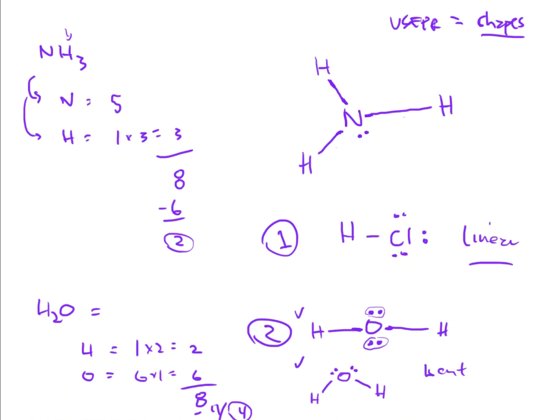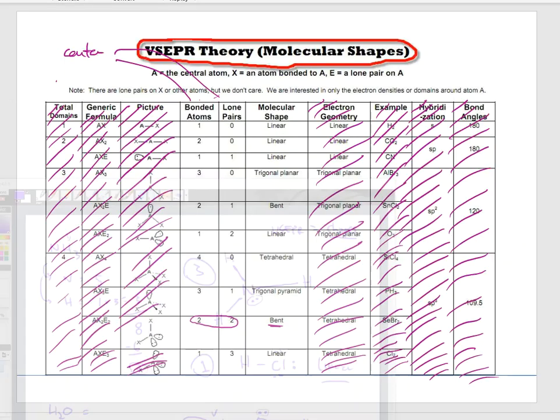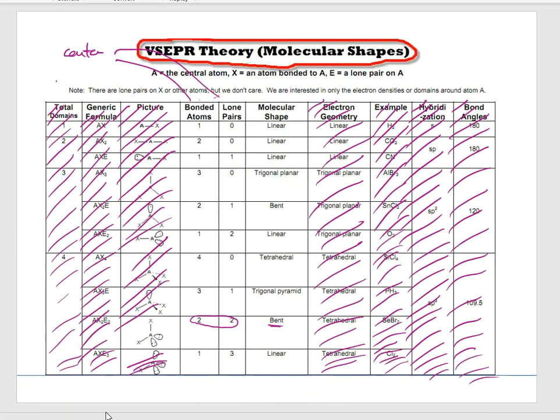All right, now let's take a look at this one up here at the top, this NH3. NH3 has three things bonded to the center, and it has one pair of electrons on the center. So on that table, I'm going to be looking for a 3 and a 1. As I scroll down, 1, 2, 1, 3, but that one's a 0, so that's not it.